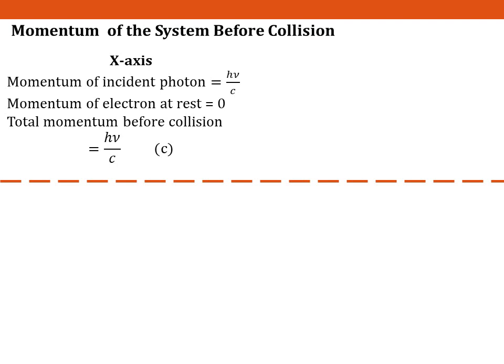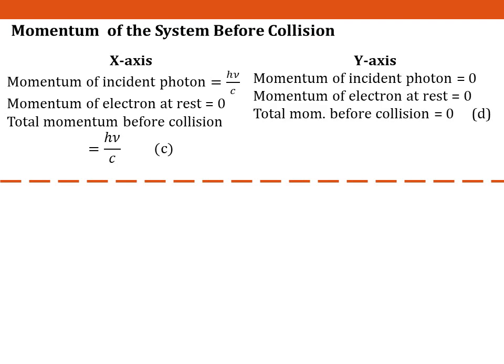And hence, the total momentum of these two particles before collision is h nu by c and we call this equation C. Along the y-axis, the contribution of these two particles is 0 since they move only along the x direction, and therefore the total momentum before collision along the y direction is 0.